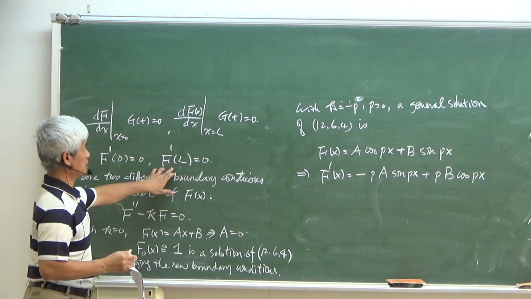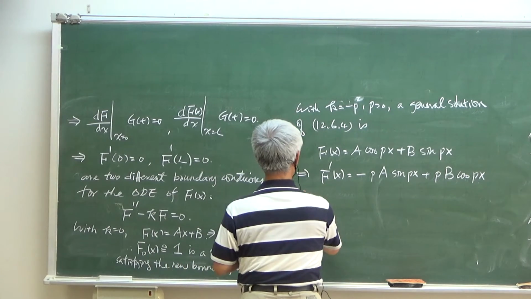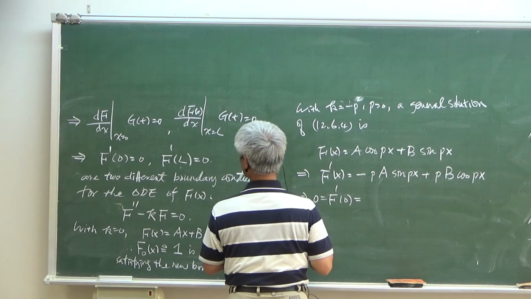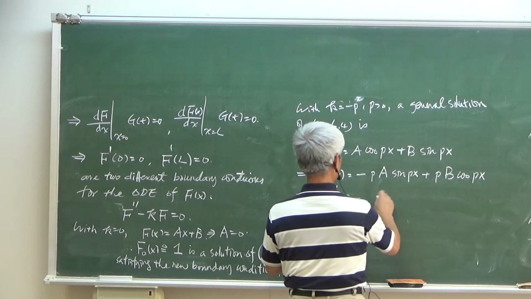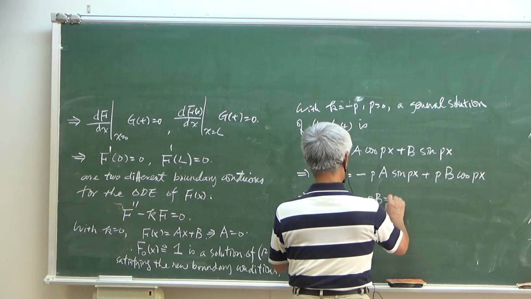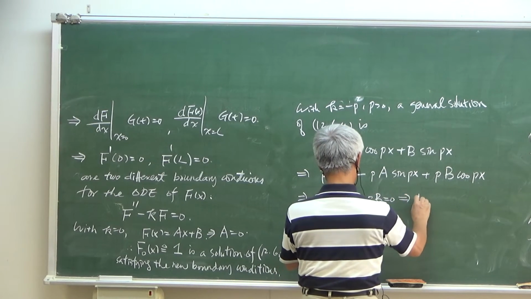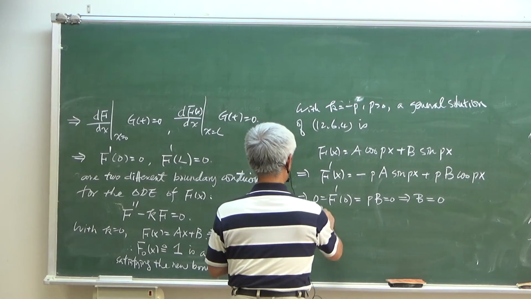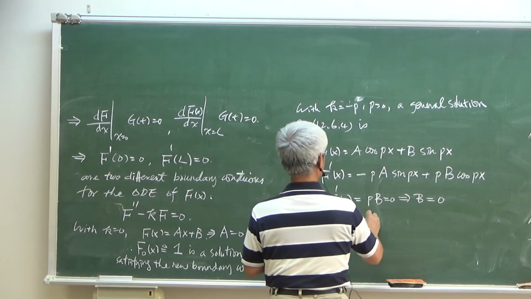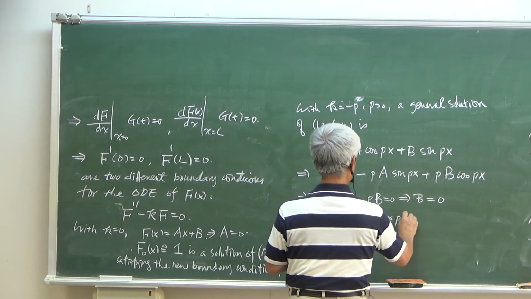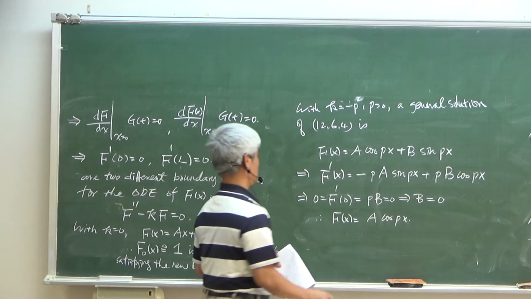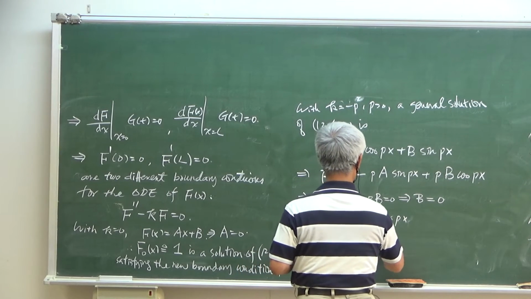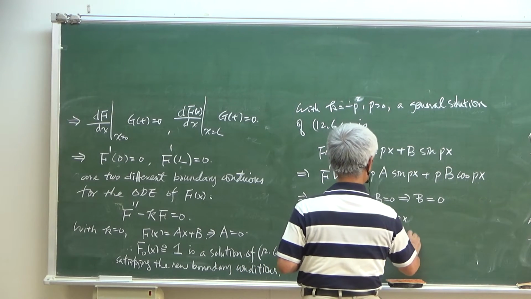Now the two boundary conditions: 0 equals f prime 0 implies that b is equal to 0. So f of x is a cosine px, and with this f prime of x equals minus ap sine px.